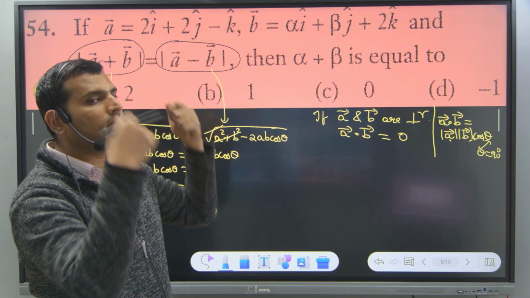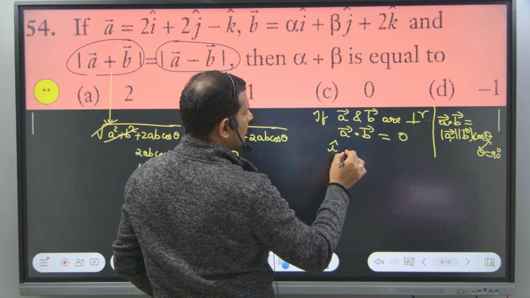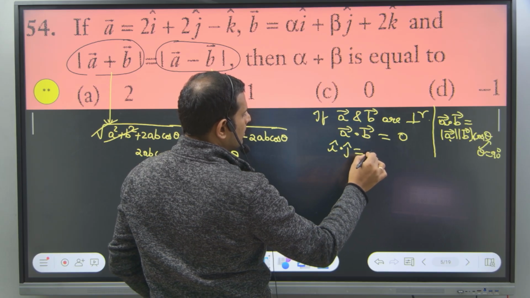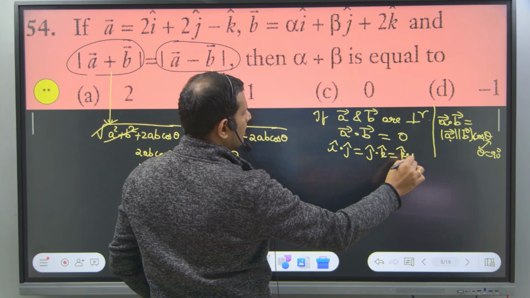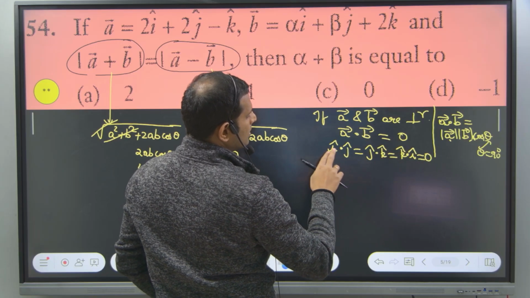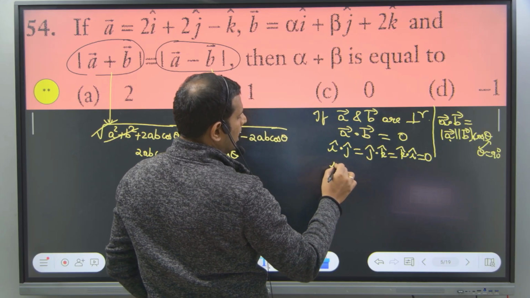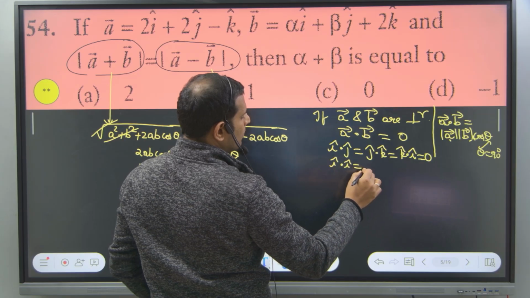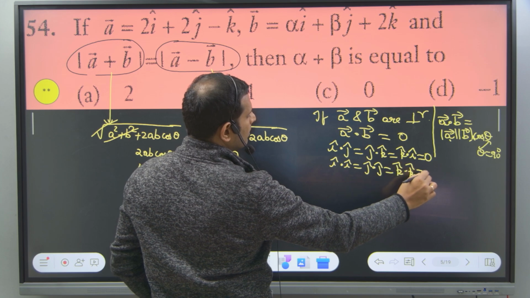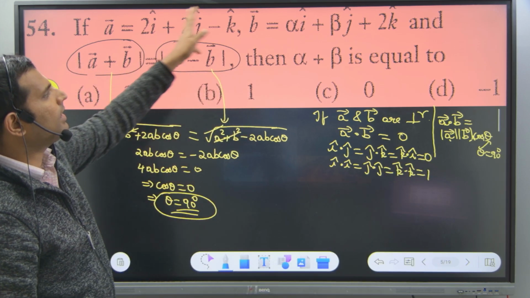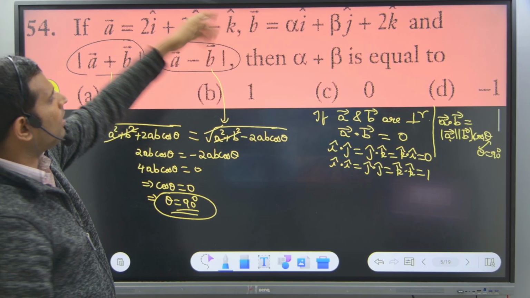But many terms will become 0, because i dot j is 0, j dot k is 0, and k dot i is 0, since these are perpendicular. Whenever they are perpendicular, dot product is 0. And i dot i is 1, j dot j is 1, k dot k is also 1. So out of the 9 terms, only 3 terms are useful, because all others will become 0.